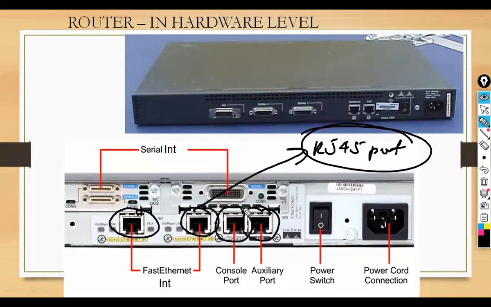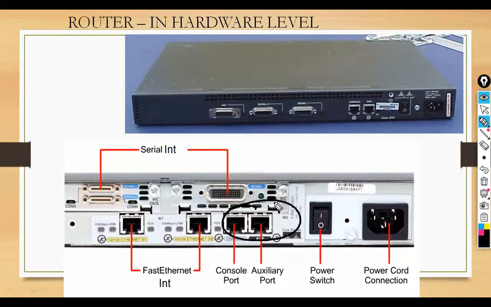The console port and the auxiliary port also have RJ45 ports, but they are used for a different purpose, so do not compare them. The fast Ethernet interfaces are used for connecting to networks, while these ports are used for configuring the router.